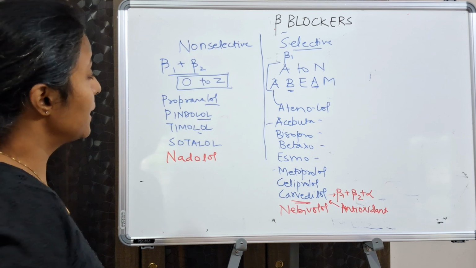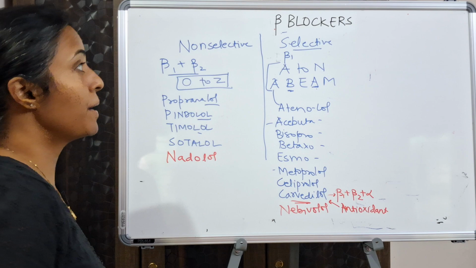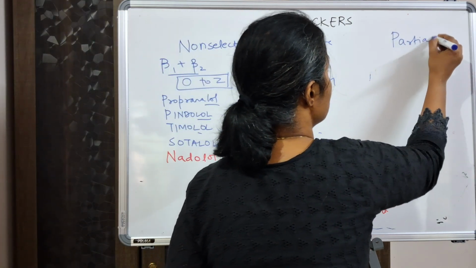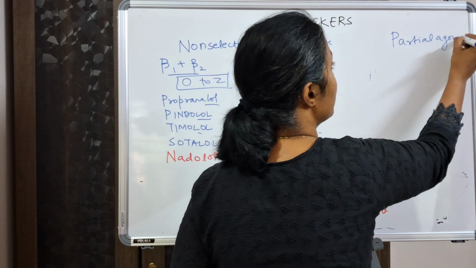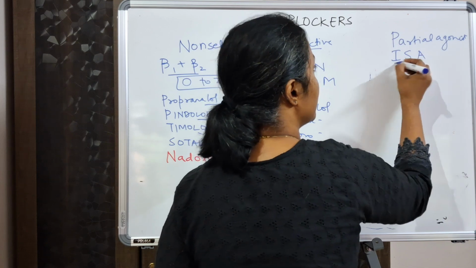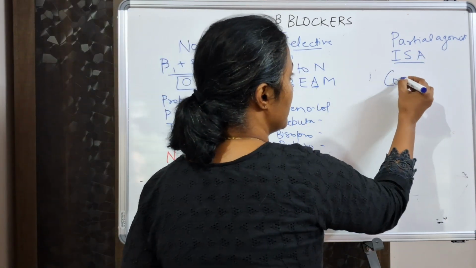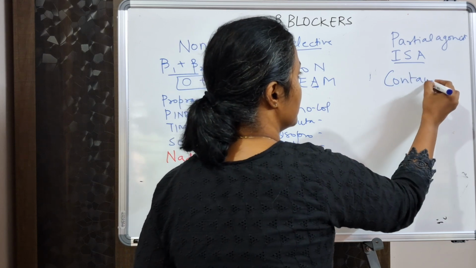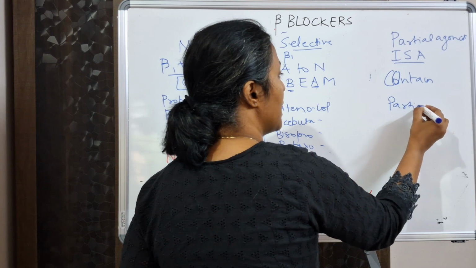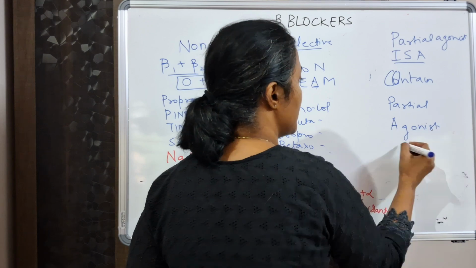Now there are certain beta blockers with partial agonist activity. Okay, so that is known as intrinsic sympathomimetic activity. Okay, which are these? So again you remember one mnemonic, here you write big O, partial agonist activity, contain partial agonist activity.